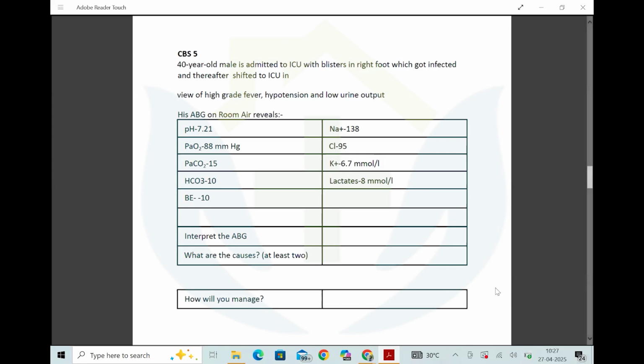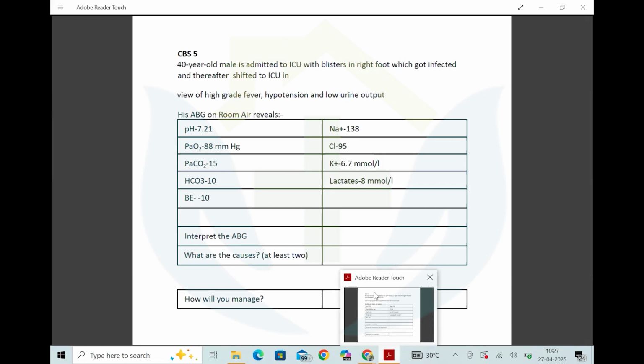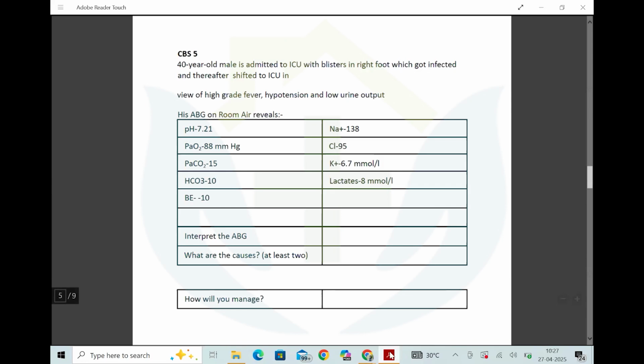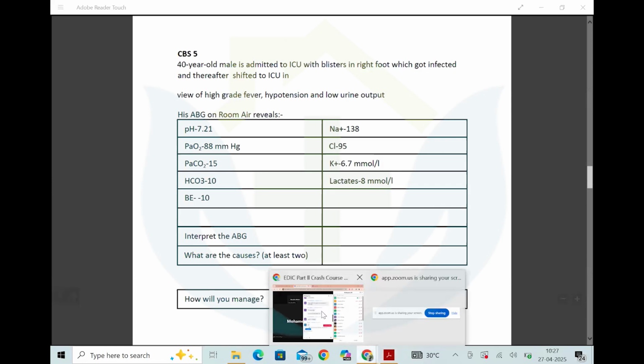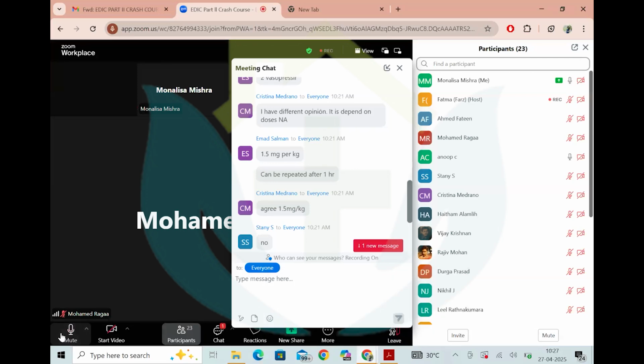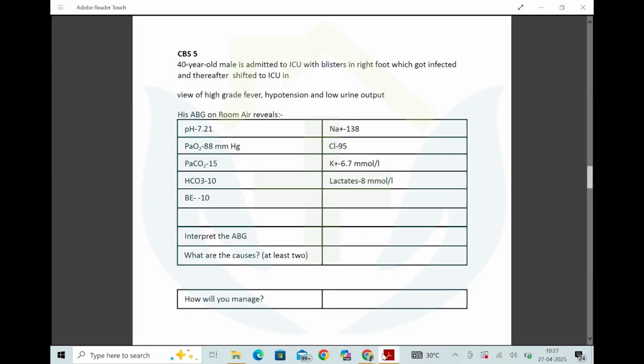High anion gap metabolic acidosis with respiratory alkalosis and hyperkalemia and hyperlactatemia. Tell me.